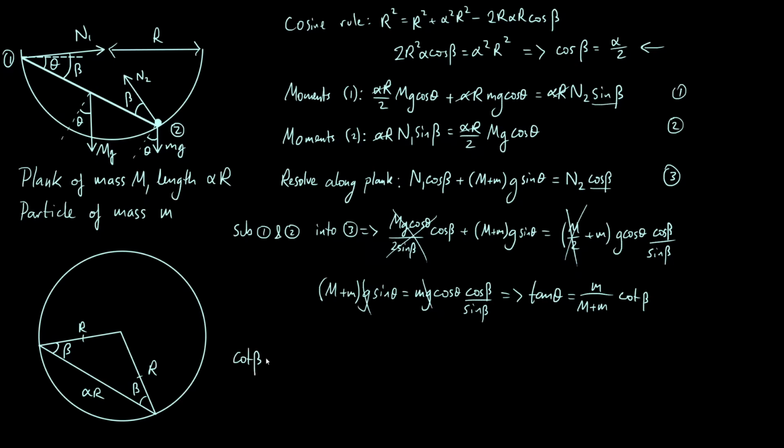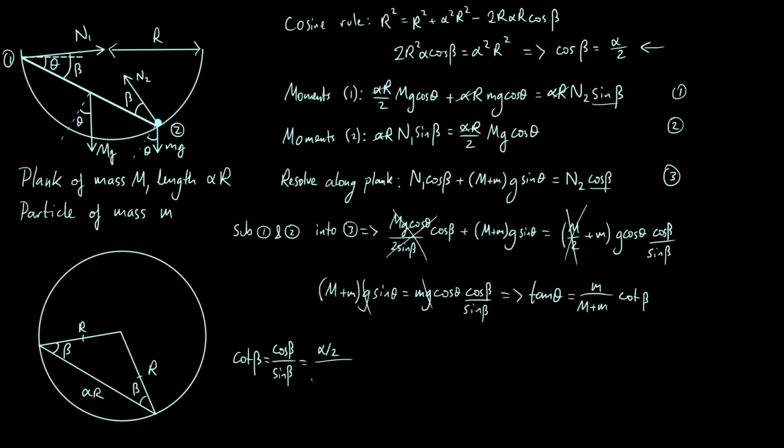Cotangent of beta is cos beta over sine beta, right? So cos beta we know already is just alpha over 2, right? And sine beta, we know because sine squared plus cos squared is 1, okay?